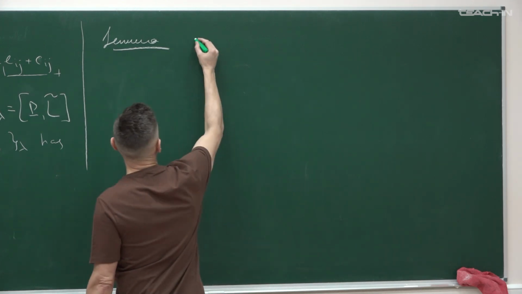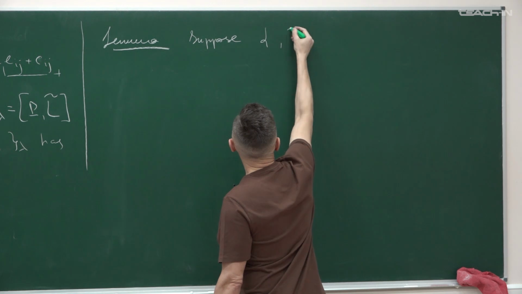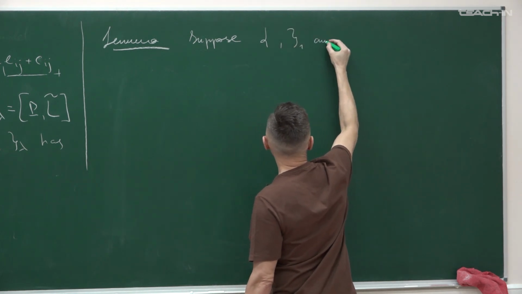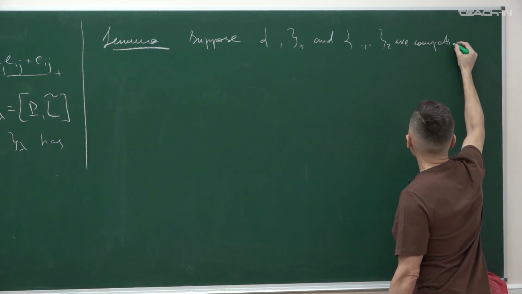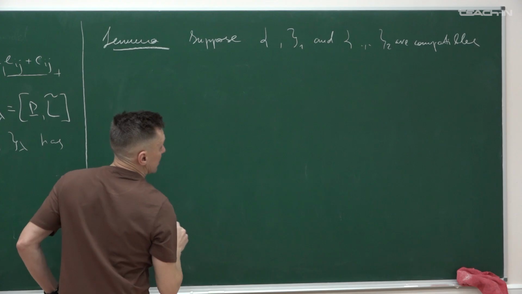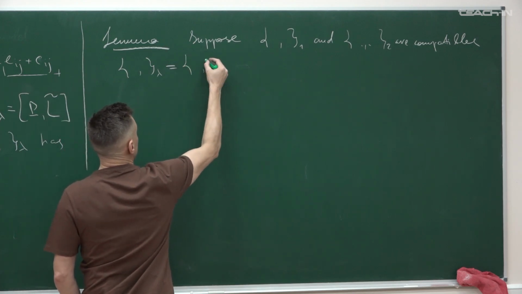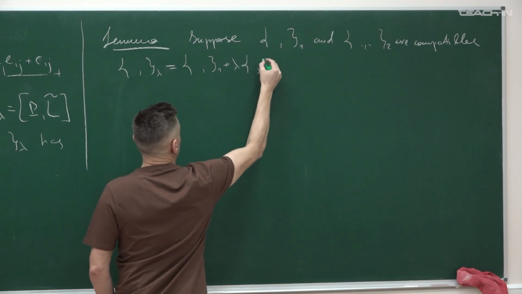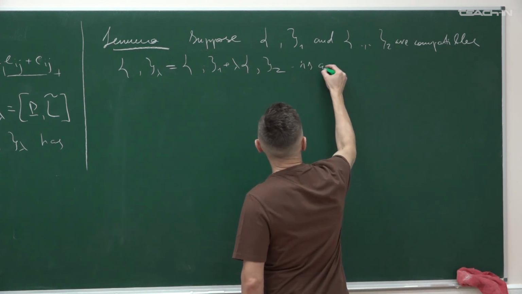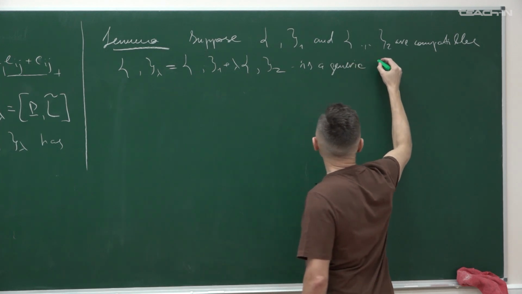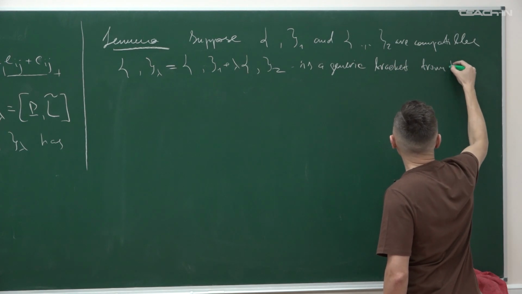So suppose they are compatible, denote by lambda its linear combination, is a generic bracket from the pencil.